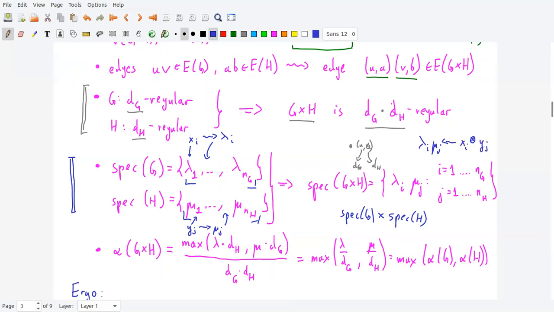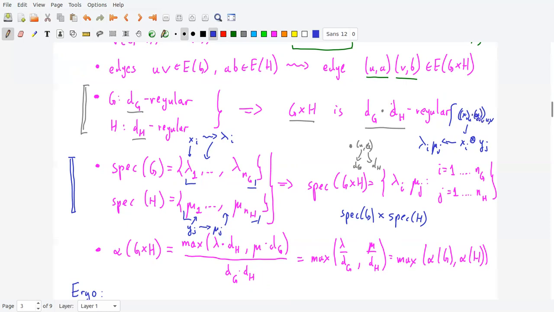This vector is defined by what you put at the coordinate corresponding to u comma v. You put what you put in xi at the coordinate corresponding to u, times what you put in yj at the coordinate corresponding to v.